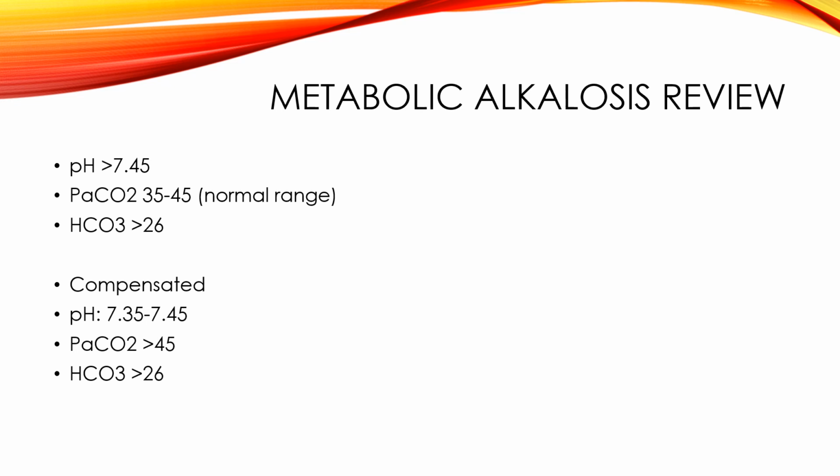This in turn is going to lower the pH back to that normal range of 7.35 to 7.45 when we are completely compensated. So we have that normal pH again, but we have the high PaCO2 or high carbon dioxide, as well as that high bicarb in the compensated state.